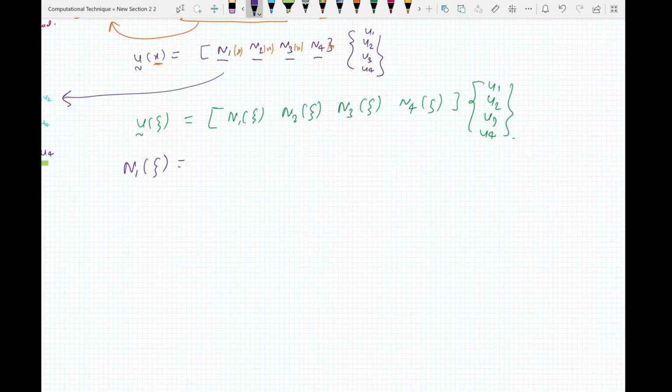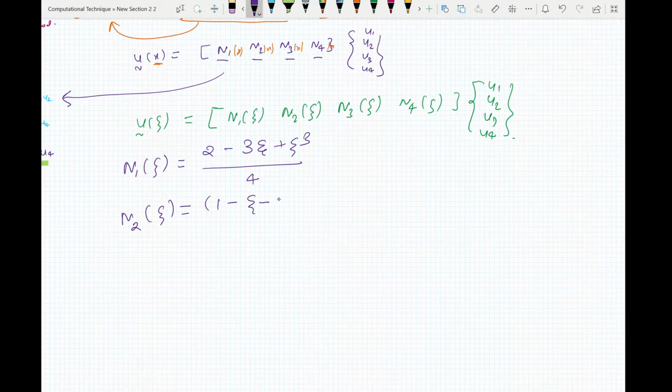n1 as a function of xi equals 2 minus 3 xi plus xi cubed, divided by 4. Your n2 of xi equals 1 minus xi square plus xi cube, times L by 8.